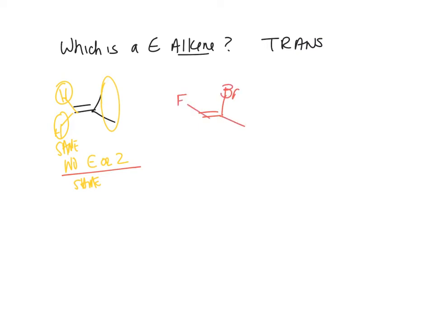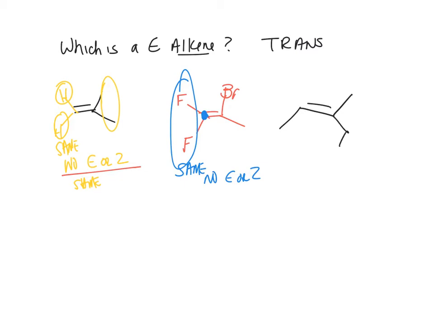Another option was this compound here. Once again, you see that on this first carbon of the carbon-carbon double bond, you have a fluorine and a fluorine. These are the same. So there's no E or Z. Here we have this molecule. Now on this first carbon, you have a hydrogen and a carbon.